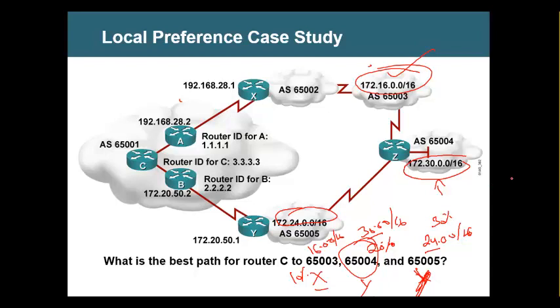Okay, now someone tell me, how much traffic goes via Y and how much traffic goes via X? In percentage, how much percentage goes via Y and how much goes via X?